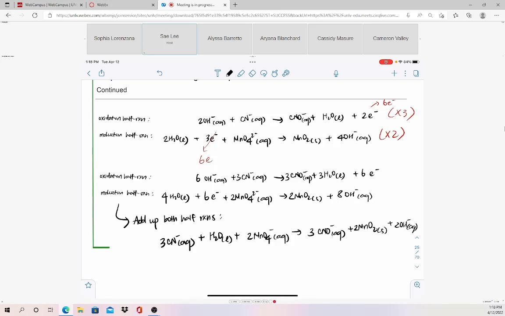Okay, this is going to be the final balanced redox reaction in basic solution. Six electrons appear on both sides, the amount of electrons lost and gained during this reaction. So we're just going to eliminate that, and this is the final balanced redox reaction in basic solution.